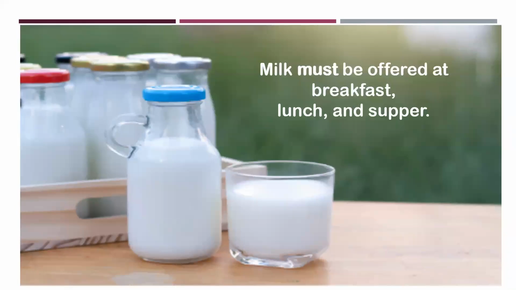Fluid milk has to be offered in the breakfast, lunch, or supper meal patterns. It is optional at snack. It is also optional for suppers served to adult participants. Additionally, yogurt may be served in place of milk once per day for the adults only age group.